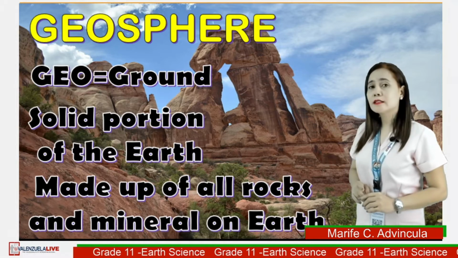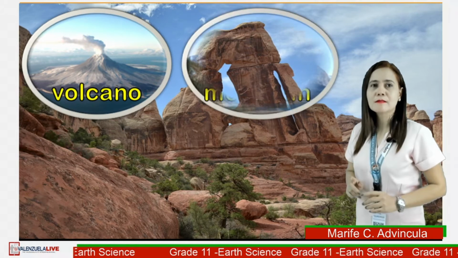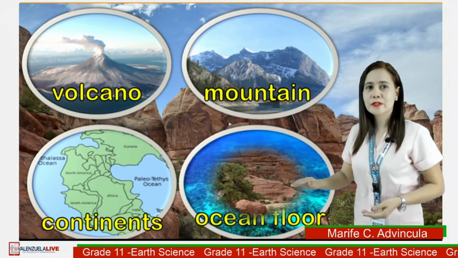Can you cite some examples of this geosphere? All of the landforms that those rocks and minerals make up are part of the geosphere. For example, the volcanoes, mountains, the continents, and also the ocean floors.